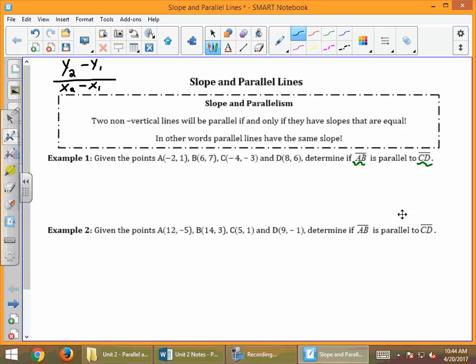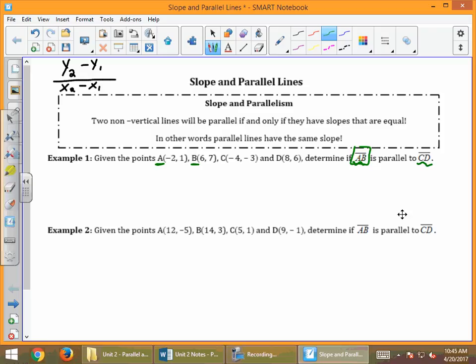Make sure the correct points match up, because here we have segment AB, so that means points A and B match up. Those are the ones that you're plugging into the slope formula together. So label those points.